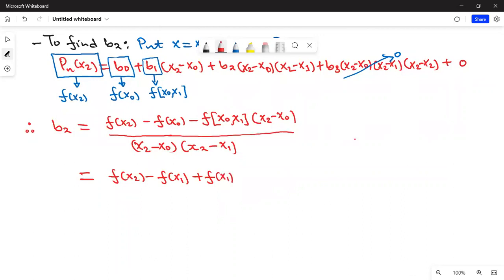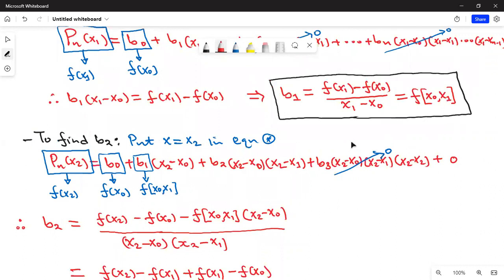Add and subtract the same value. Then minus f of x naught. Now, what is the value of f x naught x1? We got it. That was our b1, which is the same as f of x1 minus f of x naught over x1 minus x naught.